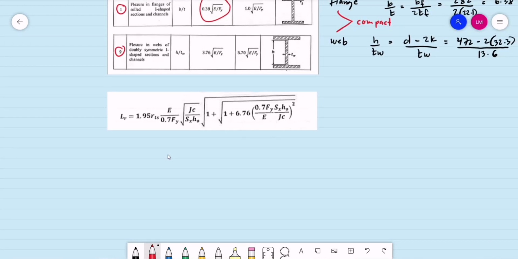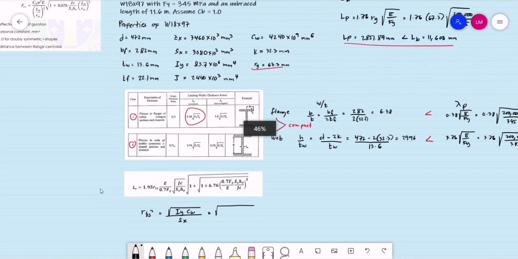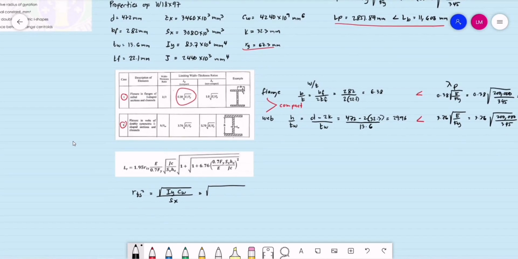But first, we are to compute for the value of the R sub TS squared, which is equal to the square root of the moment of inertia with respect to the y-axis times the warping constant divided by the section modulus with respect to the x-axis. So what is Iy for W18 by 97?